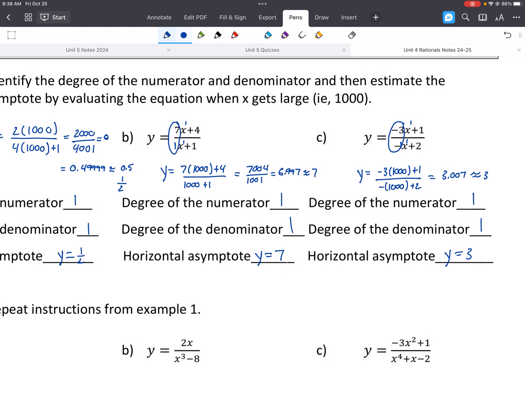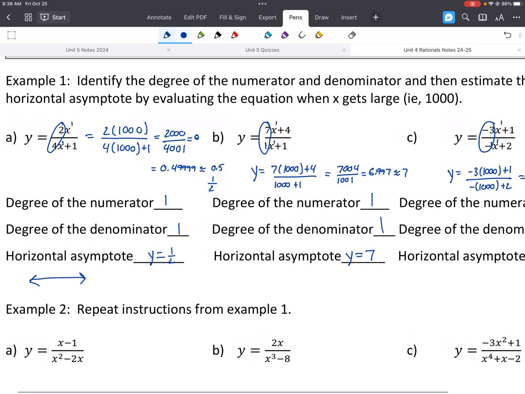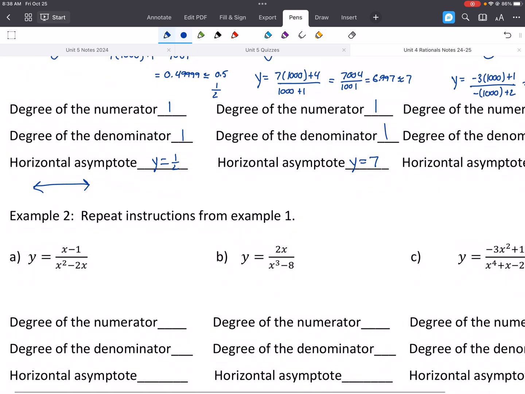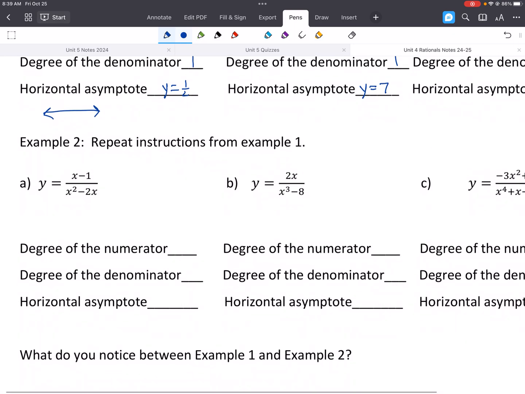It's important to have it in standard form to be able to find that. If it's in factored form, then we'd need to do a little extra work to find those values. Next, let's look at the degree. On the top we have a 1, on the bottom we have a 2.